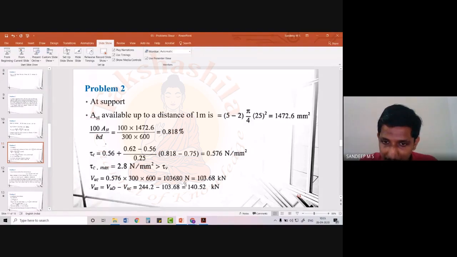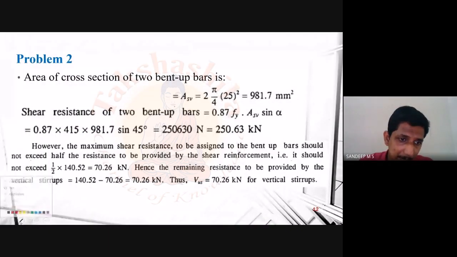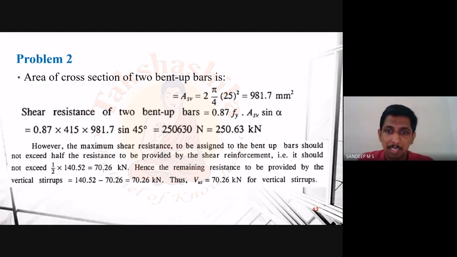In this case, our total load is 140.52. So I can use these bent up bars to resist a maximum of half of 140.52, that is 70.26 kilonewton.